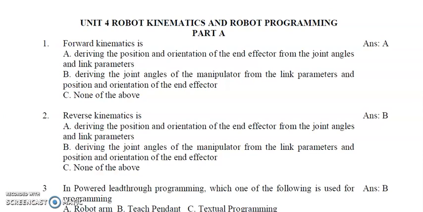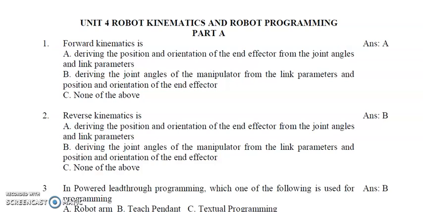As I already mentioned, there are 2 parts in your non-university MCQ pattern. One is part A and the other is part B. In part A, question 1: forward kinematics is A. Deriving the position and orientation of the end effector from the joint angles and link parameters.